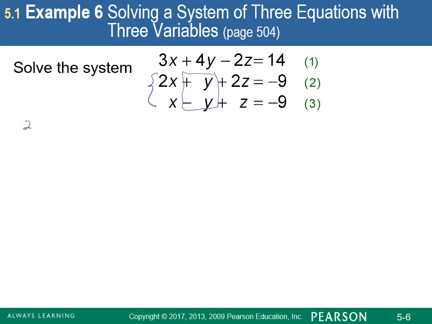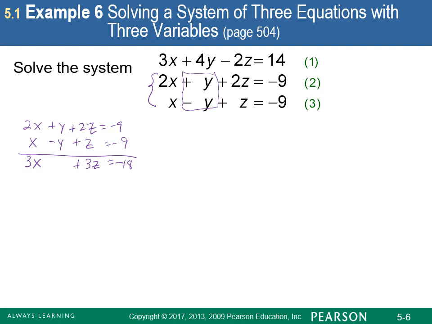So there's a 2x plus y plus 2z equals negative 9, and x minus y plus z equals negative 9. So when I add those, there's a 3x, 0y, 3z, and negative 18.